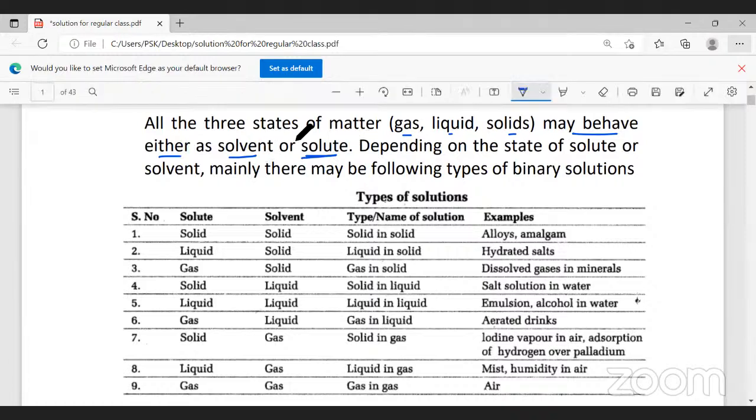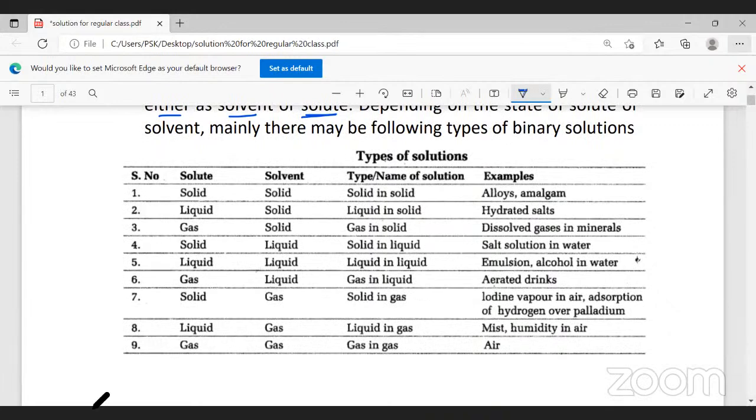Now they are telling all 3 states may behave like a solute or a solvent. Depending on the state of solute or solvent, mainly there may be the following types of binary solutions. 9 types of binary solutions we have.